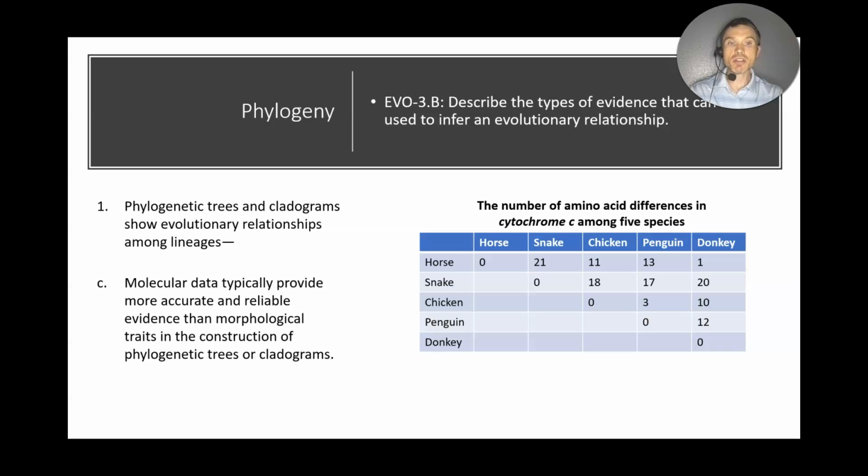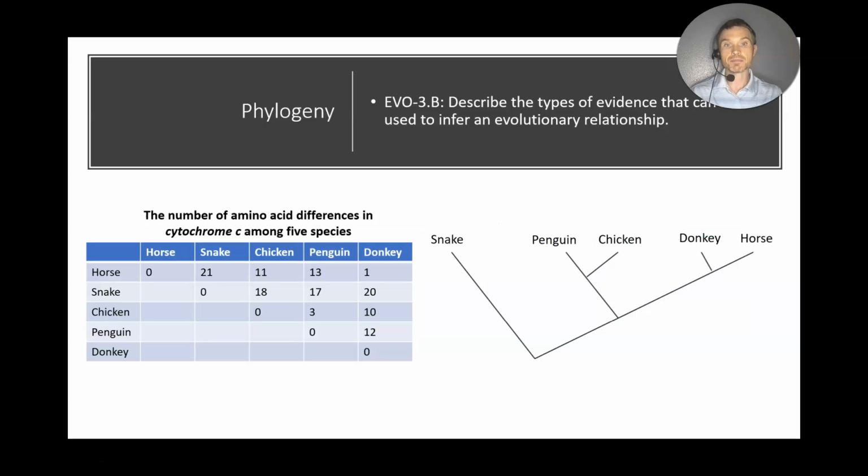So what we do in this table is we look for the individuals that are the most different. For example, you can see that the snake is very different from the other ones on our table here. And based upon these differences, this will allow us to build a phylogenetic tree.